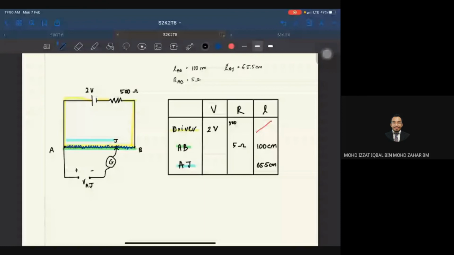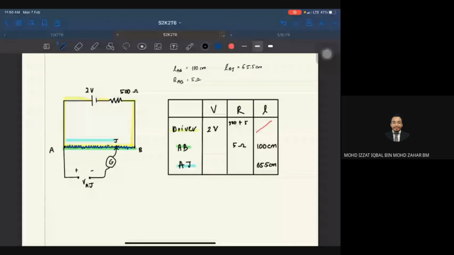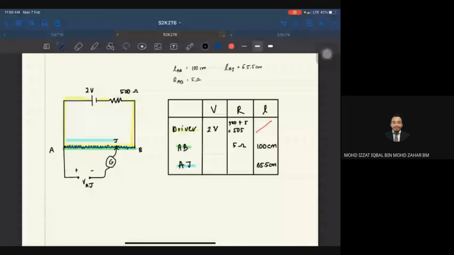Or 2 over VAB equals 505 over 5. Or VAB over 5 equals 2 volts over 505. Doesn't matter, the ratio is fine as long as you pick 2 pairs.